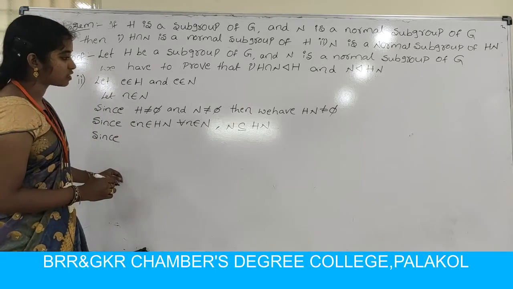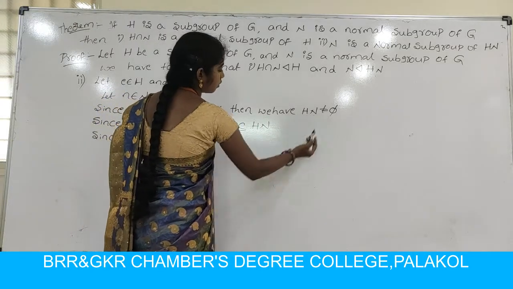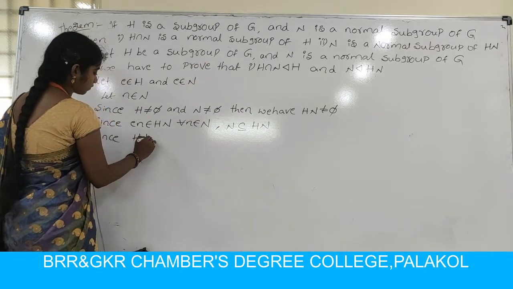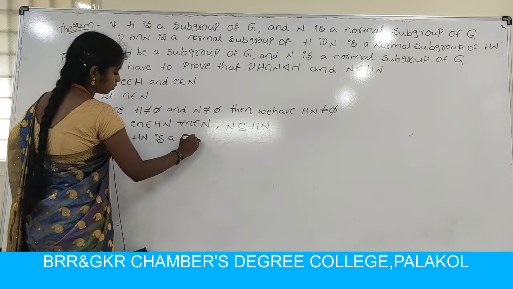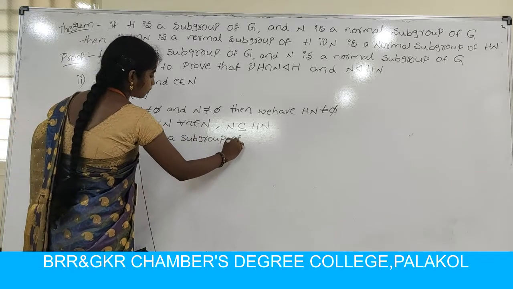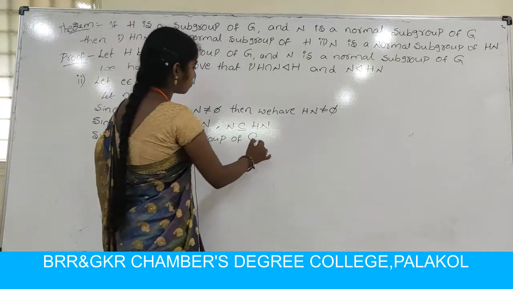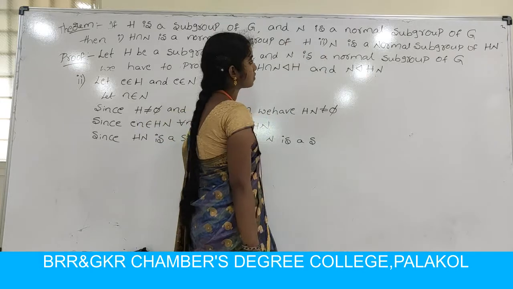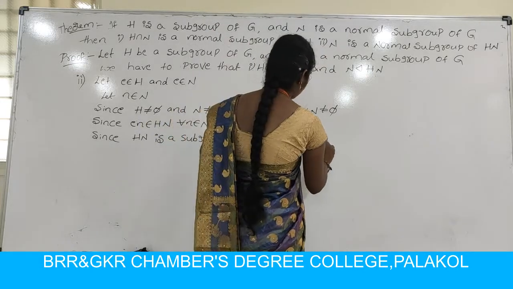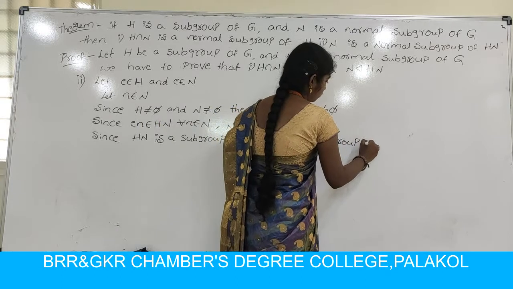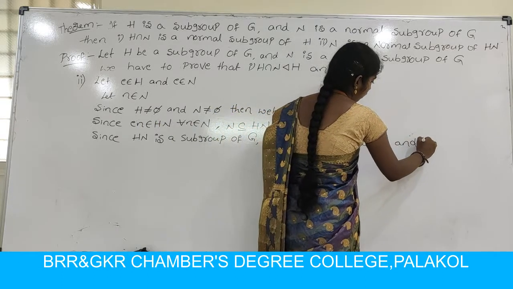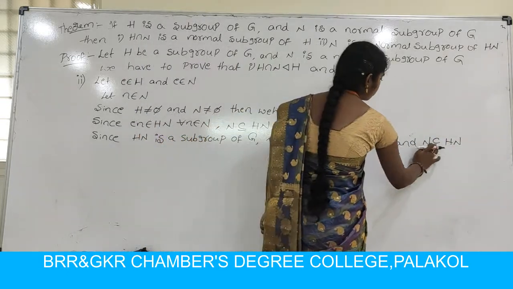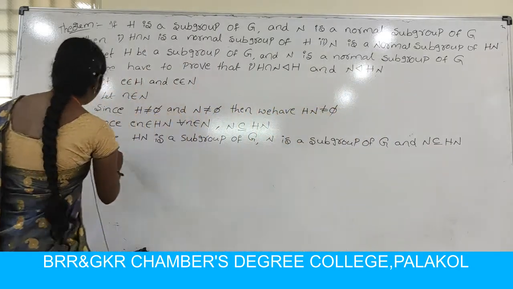Since HN is a subgroup of Z, HN is non-empty. Already you know that HN is a subgroup of Z. Already you know that N is a normal subgroup of Z, so that means N is a subgroup of Z. So N is a subgroup of Z and N is contained in HN.